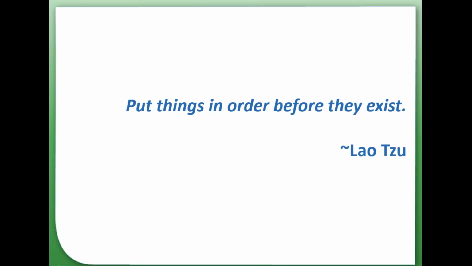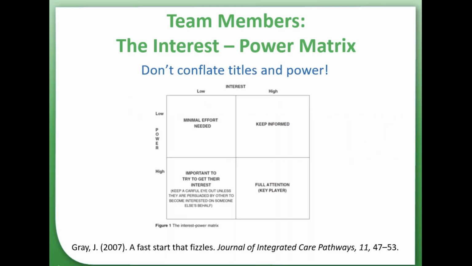It helps us frame where we see blockages to implementation of change, and then how to make change happen in a variety of different ways. So that's what we're going to do next. Next slide, please. Okay, I hope that you can see this matrix here. If it's hard to see, there is the reference at the bottom there, so you can get the full paper if you go to that reference.